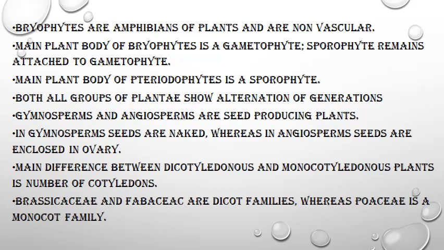Gymnosperms and angiosperms are seed-producing plants. In gymnosperms, seeds are naked, whereas in angiosperms, seeds are enclosed in ovary. Main difference between dicot and monocot is number of cotyledons. Brassicaceae and Fabaceae are dicot families, whereas Poaceae is a monocot family.